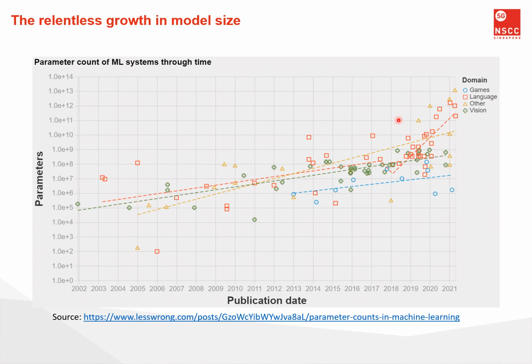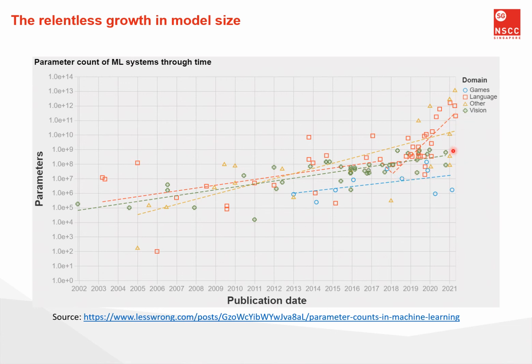But you can see that the one that's really driving is the language and other applications, right? Traditionally, they followed the same growth path as the vision applications. But around 2018 to 2020, when we started seeing all these newer deep learning architectures like the transformer architecture, the growth rate for NLP, natural language processing, has taken a departure, and actually now it's growing at a hyper exponential rate.